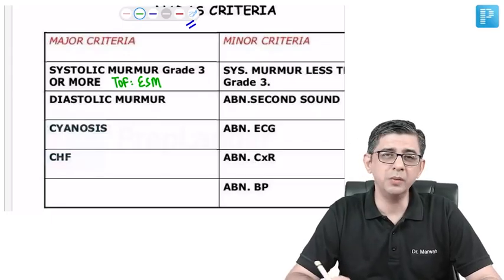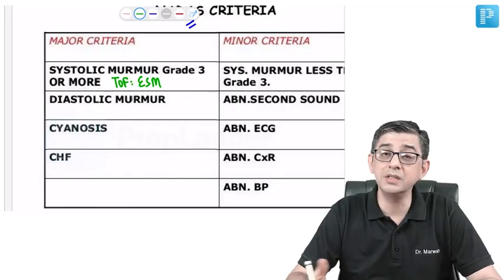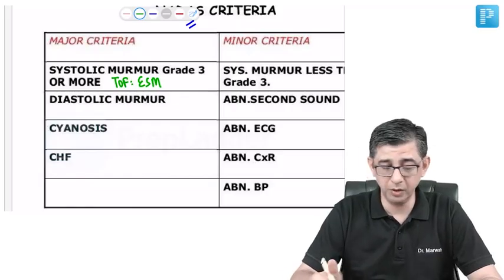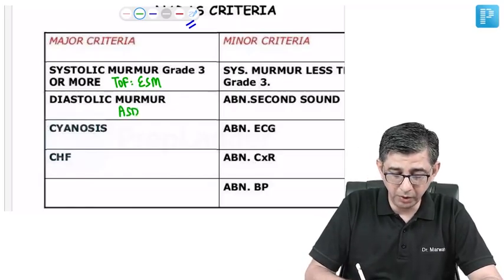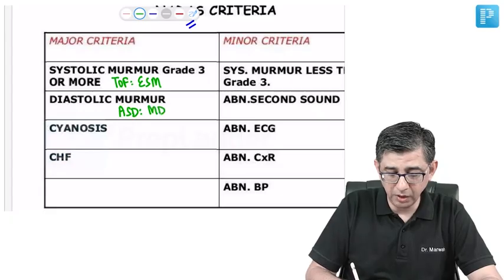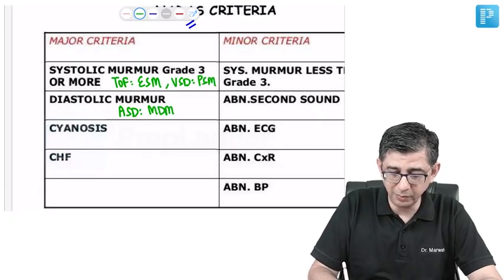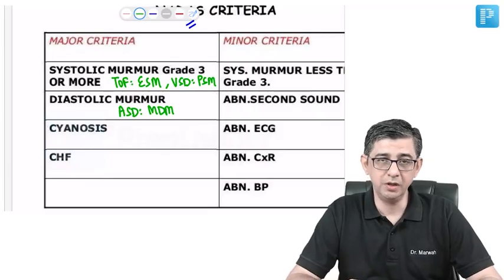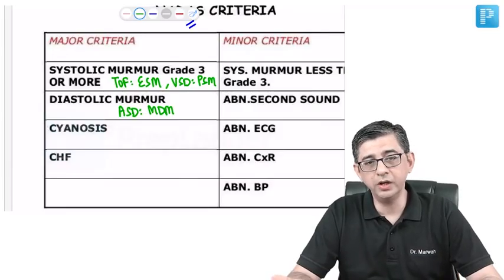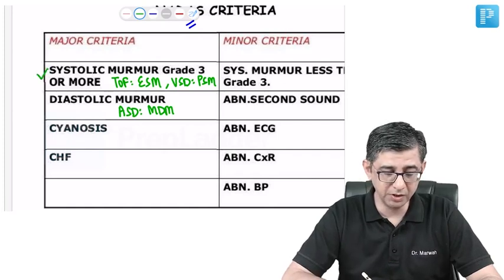And for diastolic murmurs, I can give the example of ASD. ASD has a flow murmur, that would be a mid diastolic murmur, so that would again become a diagnostic feature. Another systolic murmur I can mention is for VSD, that would be a pan-systolic murmur. The message is that if the murmur is loud enough, more than grade 3, we'll consider that as a major diagnostic criterion, including diastolic murmurs as well.